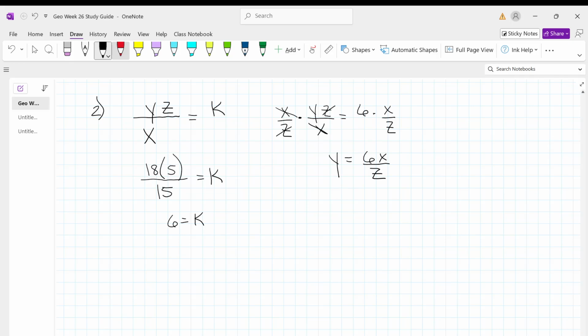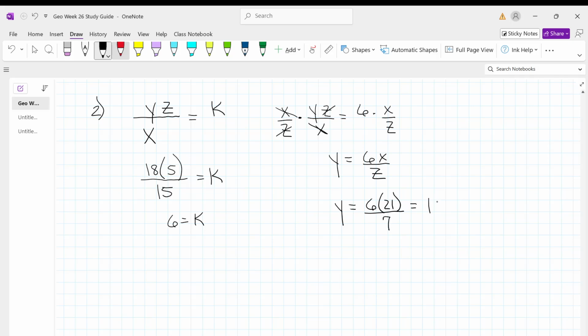Then you're asked to find y when x equals 21. So y is going to equal 6 times 21 divided by z equals 7. So 21 times 6 is 126 divided by 7 should be 18.